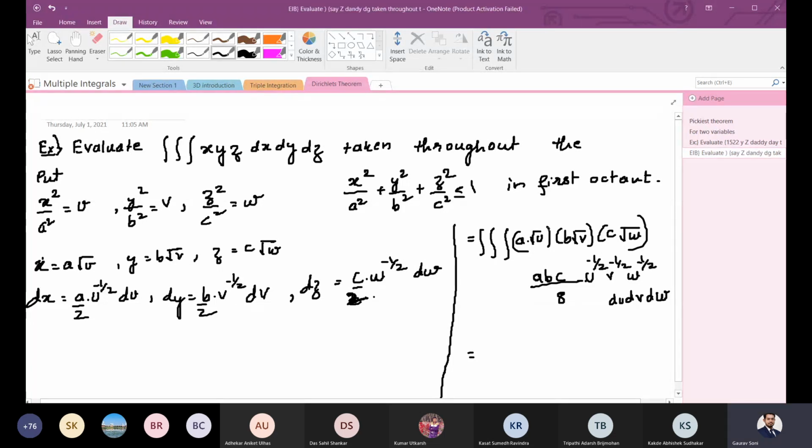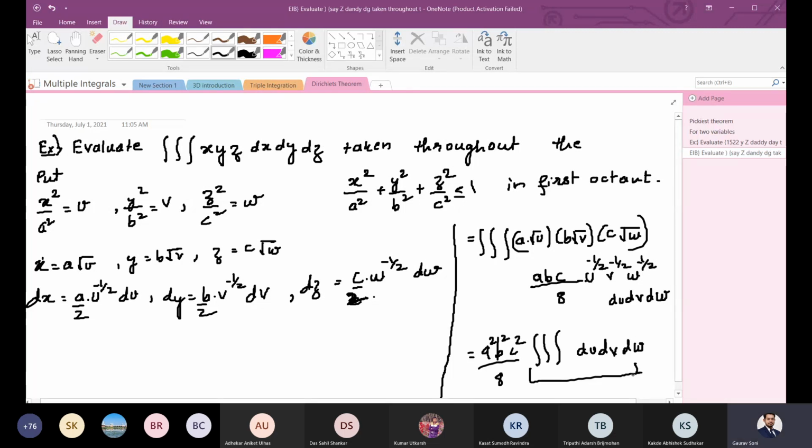So plus 1 by 2 minus 1 by 2 will cancel out, turning out to be 0 in all three cases for u, v and w. We will have a square b square c square divided by 8, triple integral du dv dw.